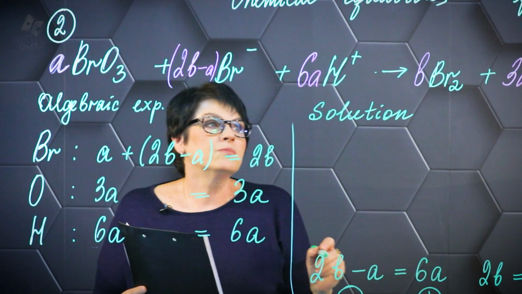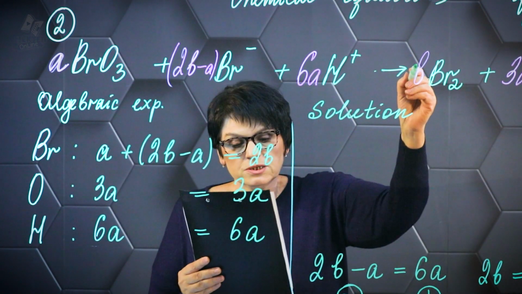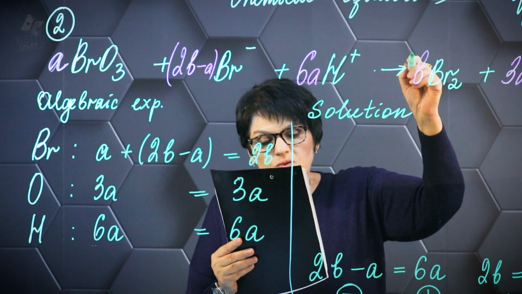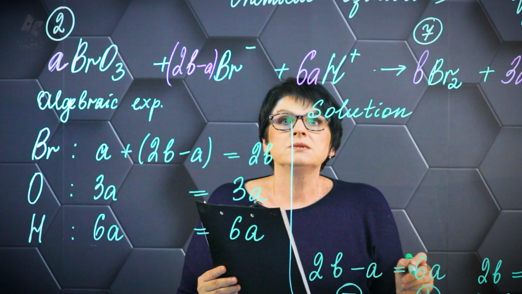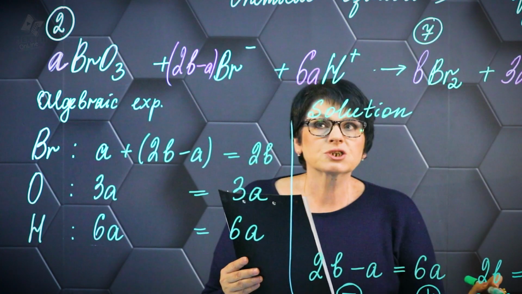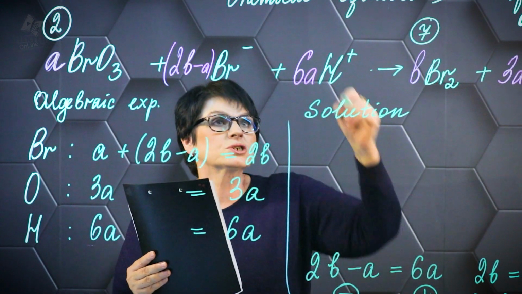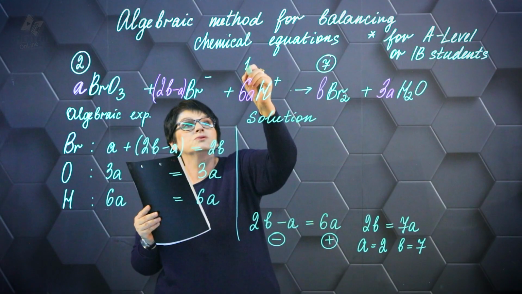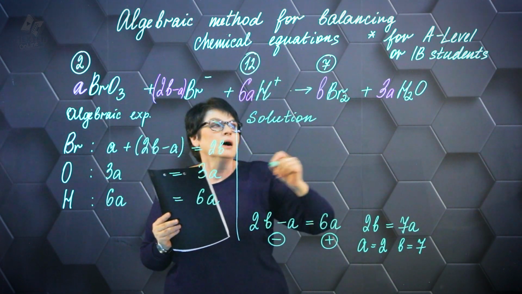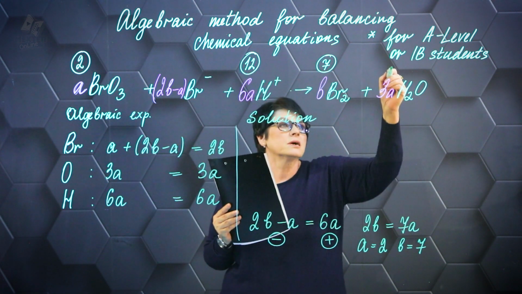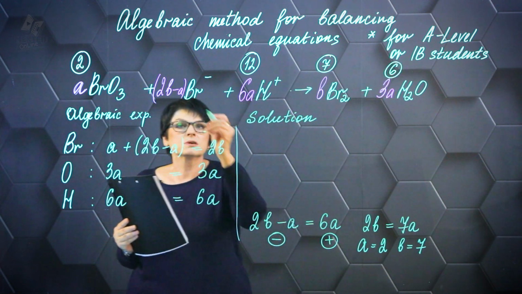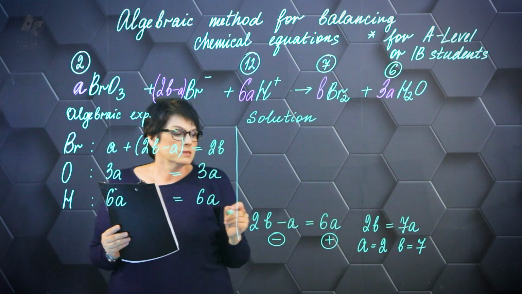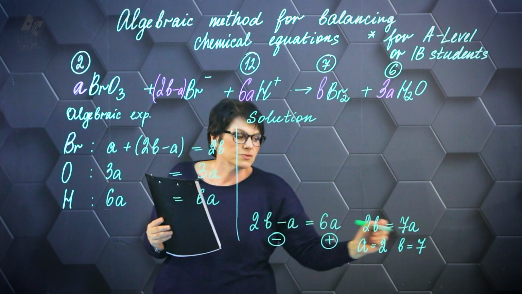Now B is 7, so right here in front of the formula Br2 will be 7. Now hydrogen is 6A, so 6 times 2 is 12, and here is 3A, so we get 6. And it's left to figure out what the coefficient in front of the bromide ion would be. 2B is 14 minus 2, so that would be 12 in front of the bromide ion.